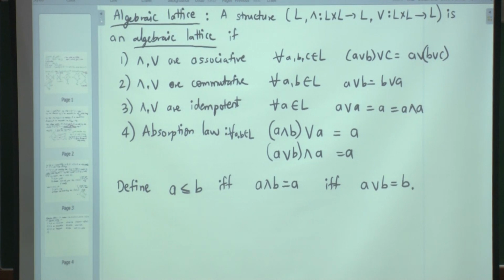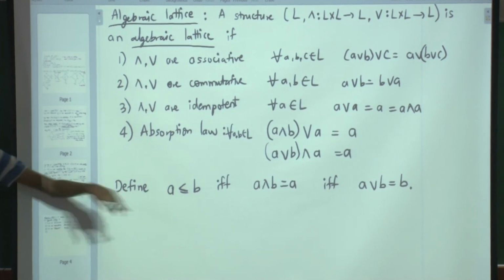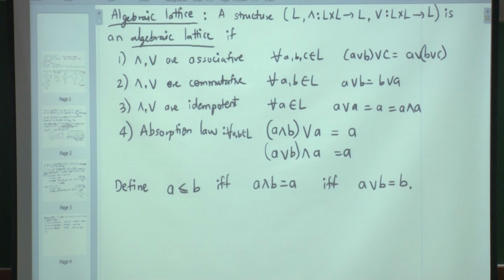If these two things hold, then we say that A is less equal B. Actually, I should be a bit more careful. I should not say if and only if. I should remove this second F. If. These two conditions are equivalent.